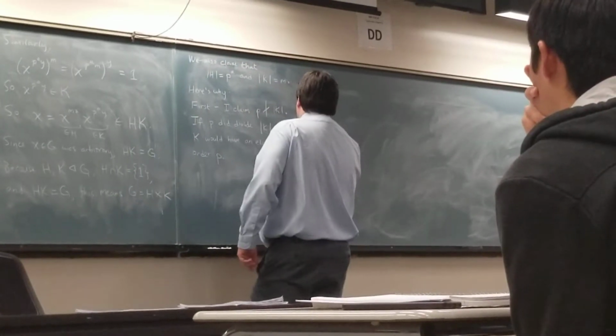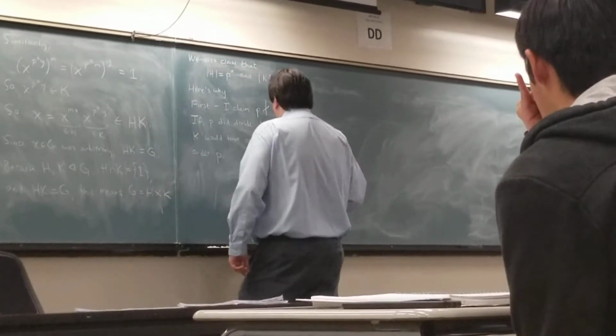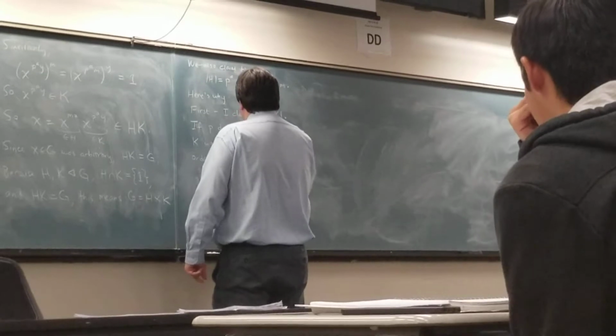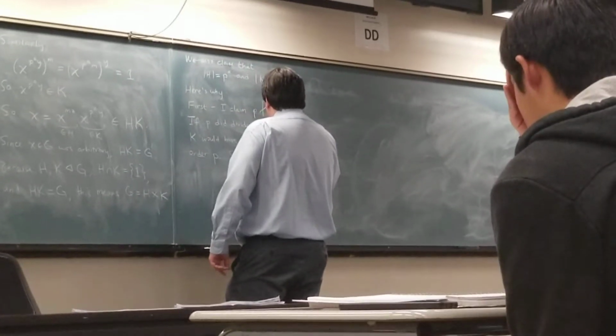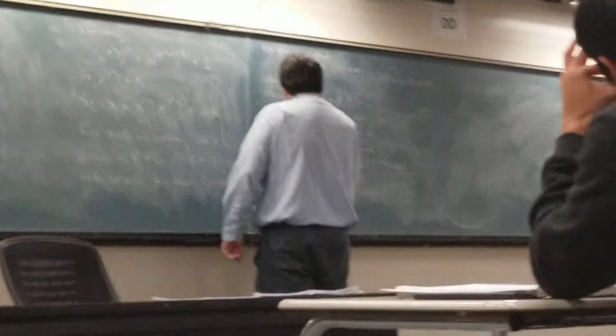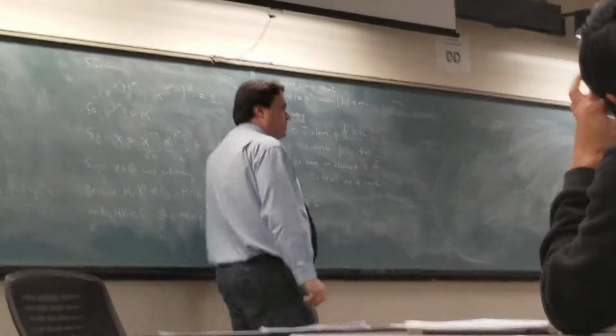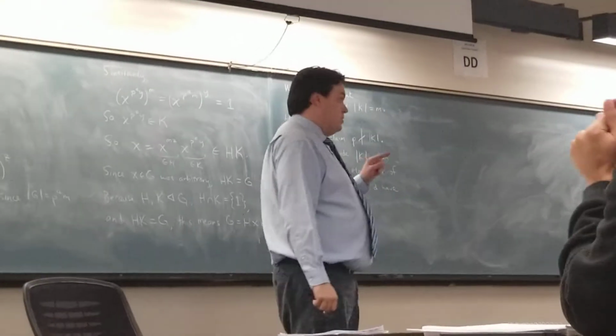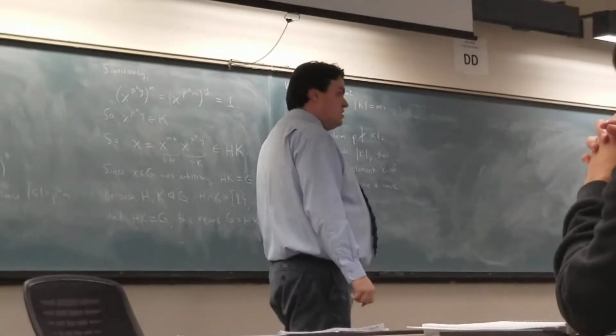Okay, now here's why that can't happen. So let's call that element X, of order P. Okay, so then we have X to the P is the identity. But also, what does it mean to be in K?